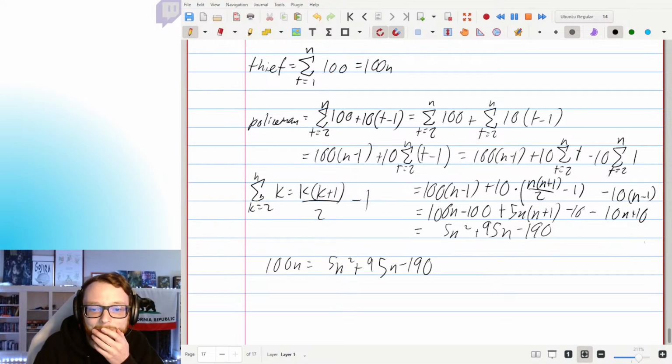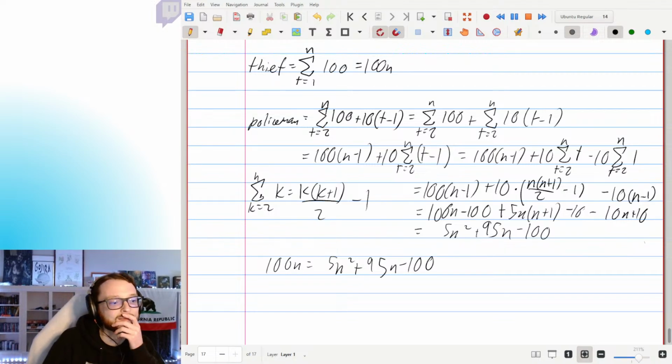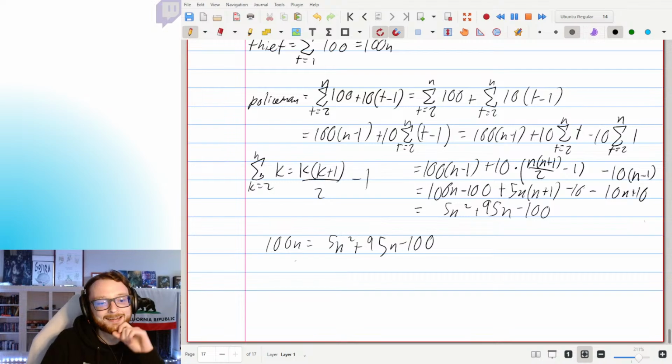God, this is riddled with errors. So that's just 100 now. Okay, this seems more reasonable. Because that's positive for n equals 1 and on. Okay. God. Okay, so we get 0 as 5n squared minus 5n minus 100.